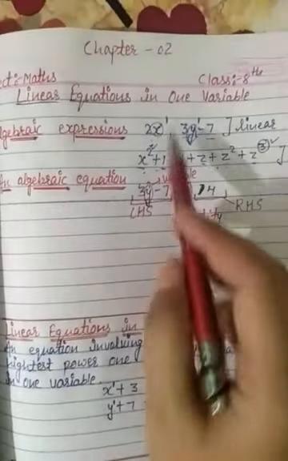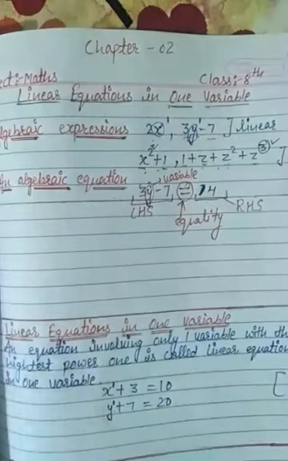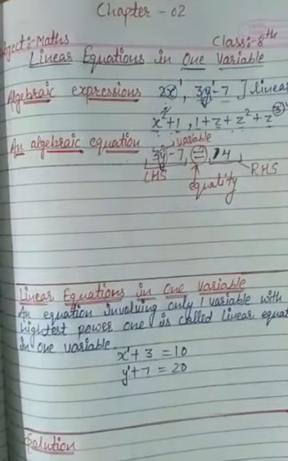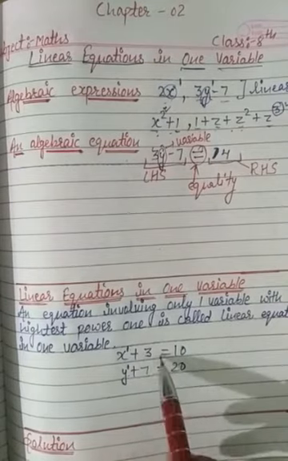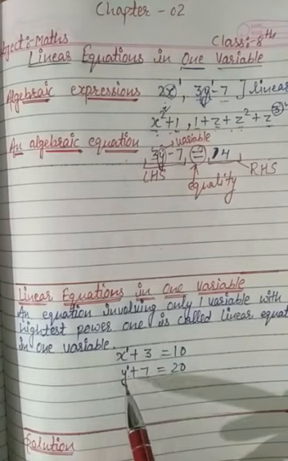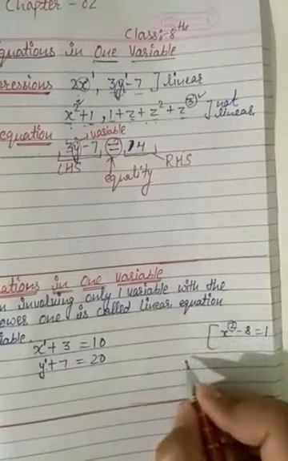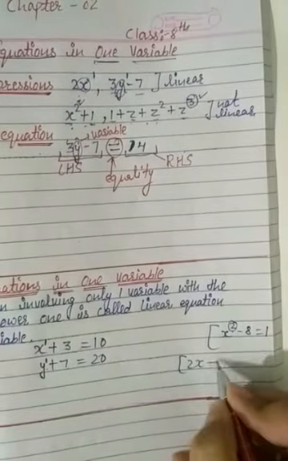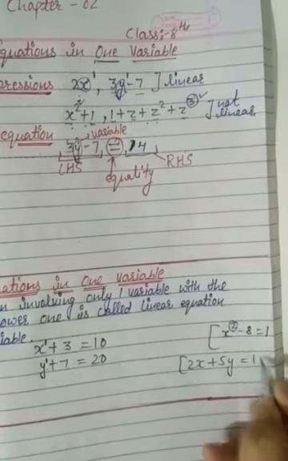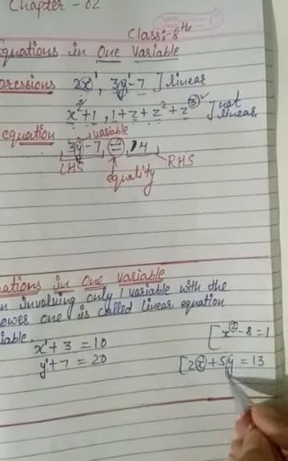Now, one variable. One variable means the equation has only one variable. In this equation you see there is only one variable, that is x. In this equation only one variable, that is y. And if I write this example, 2x plus 5y is equal to 13, in this equation there are two variables, one is x, one is y.